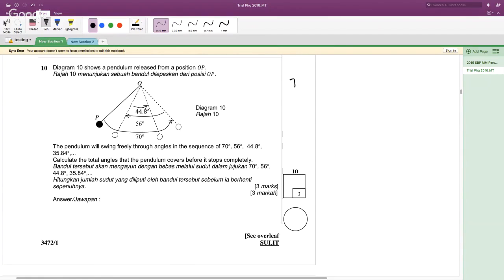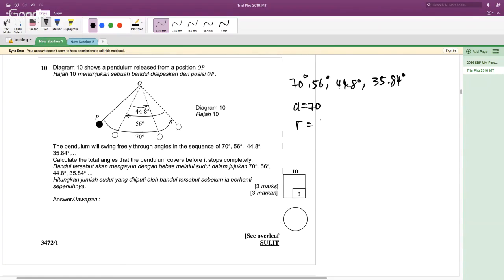So you basically have the angles in this sequence: 70 degrees, 56 degrees, 44.8 degrees, and 35.84 degrees. From here, I know it's impossible to be an AP, because it won't suddenly have the decimal. Of course, if you still want to test, you can do some subtraction, but I know it's a GP. So I will do A is 70, and then I will do R.